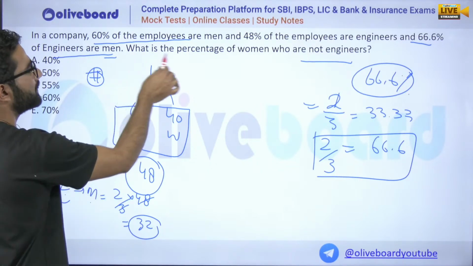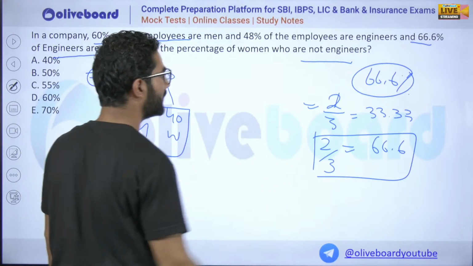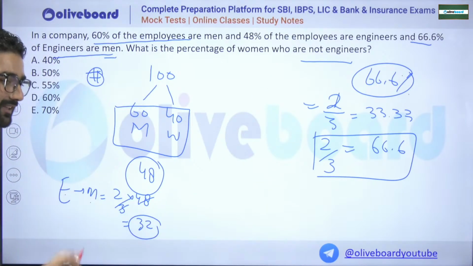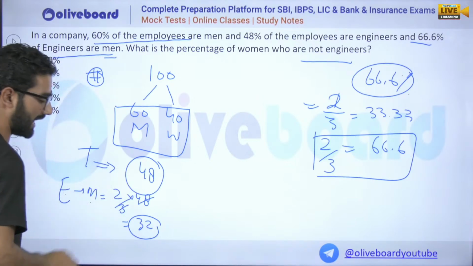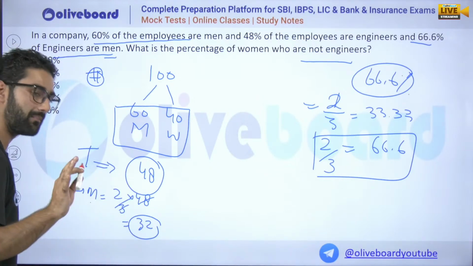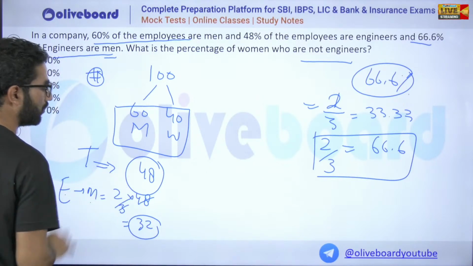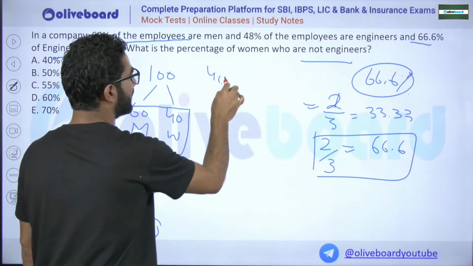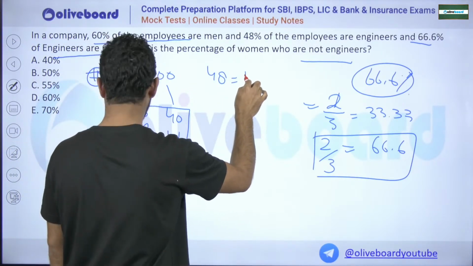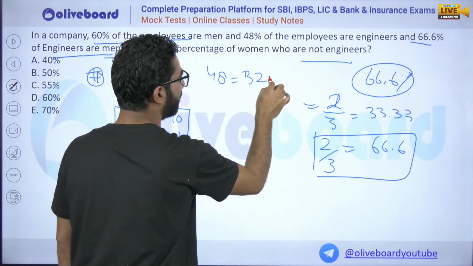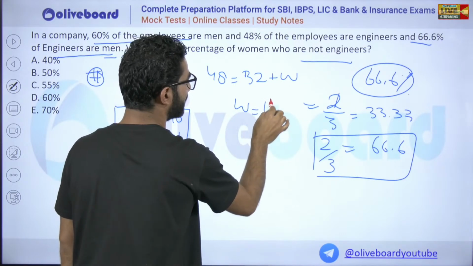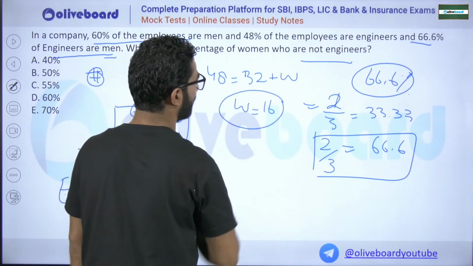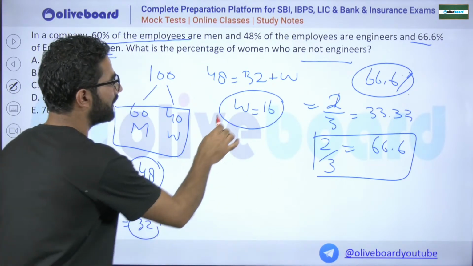Now, what is the percentage of women who are not engineers? See, total engineers we have only 48. Out of that, 32 are men. So total we have 48, among that men are 32, so women engineers will be calculated here. That will be 16.